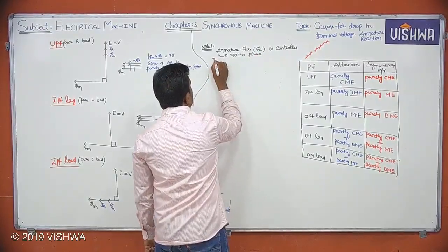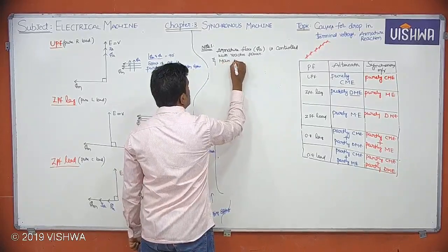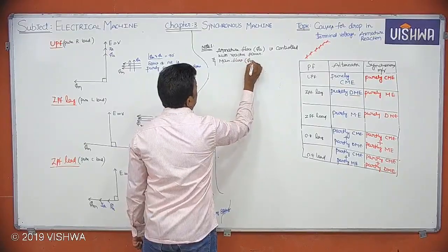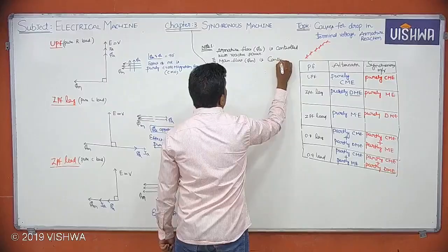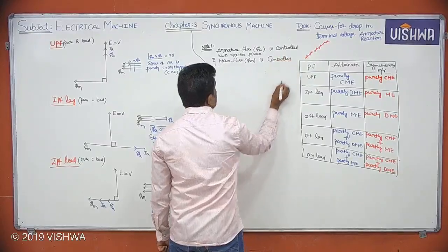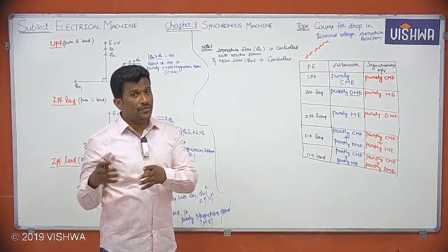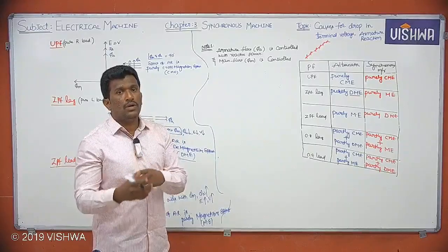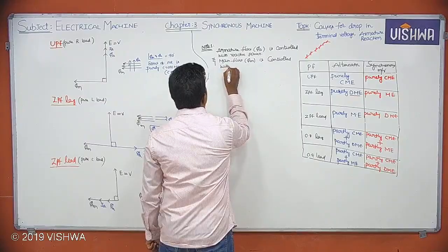And the main flux, sometimes you can call it the field flux, phi m, is controlled with excitation. Excitation is what I already told you: giving DC supply to the field winding. By changing its excitation we can control the main flux.